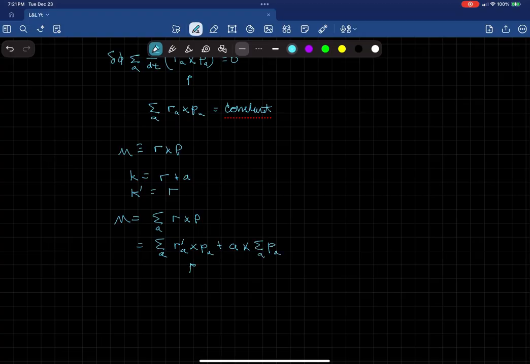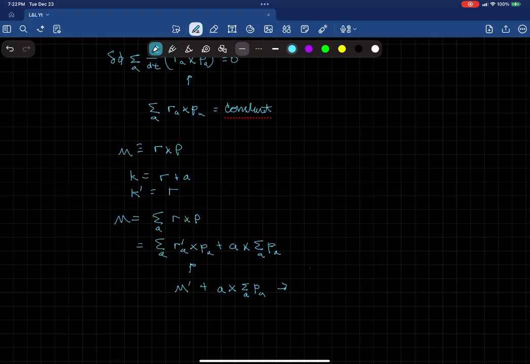And this term here can just be written as M prime plus a cross the sum over a of p_a, which would indicate that the only way that this is constant is if our P, the momentum for our whole system, is 0. So this is telling us that angular momentum depends on the choice of origin unless the system is at rest as a whole.